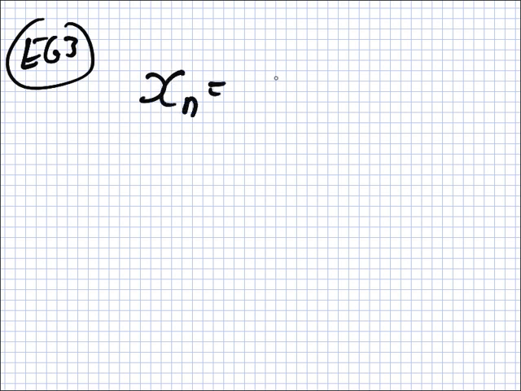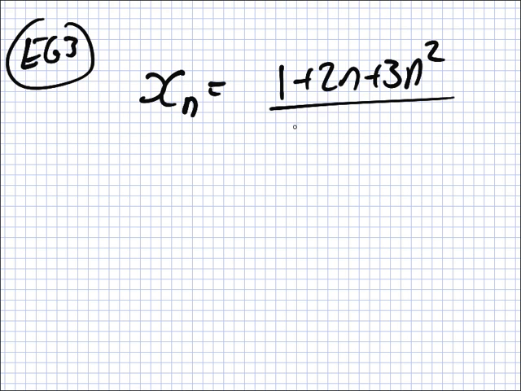So example 3, let's suppose the formula is given more explicitly. Like let's say xn equals 1 plus 2n plus 3n squared over, I don't know, 4 plus 5n plus 6n squared.